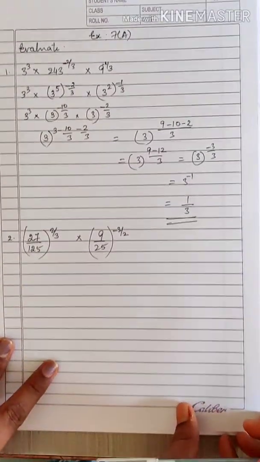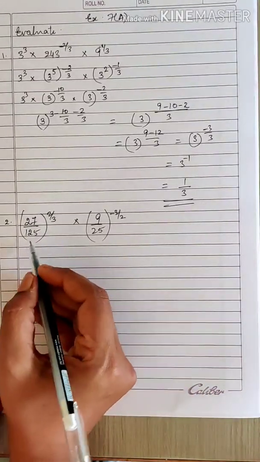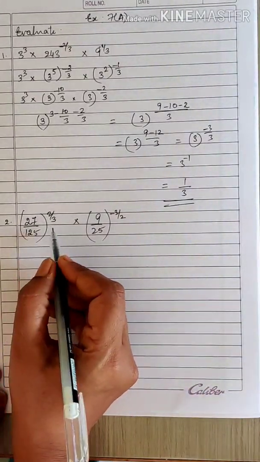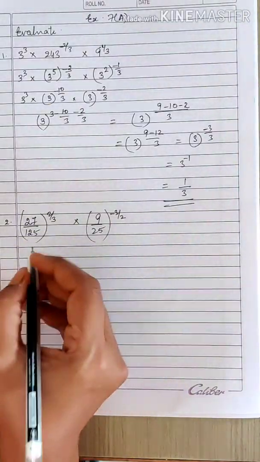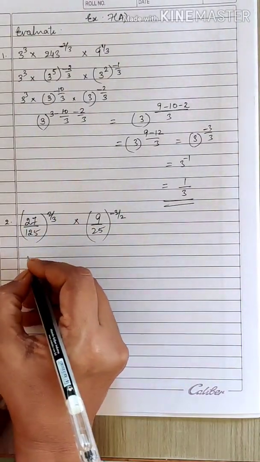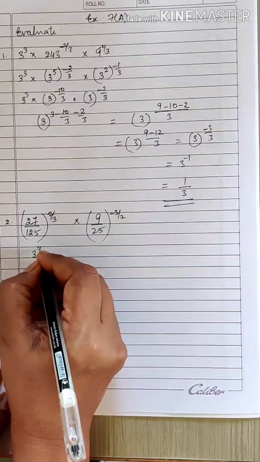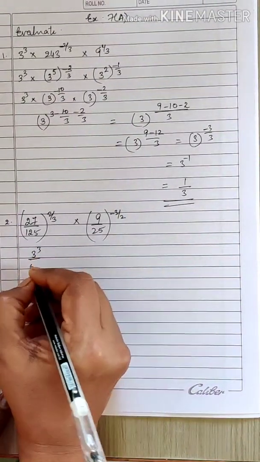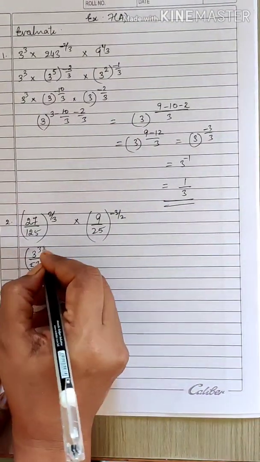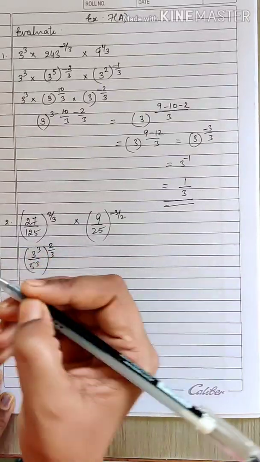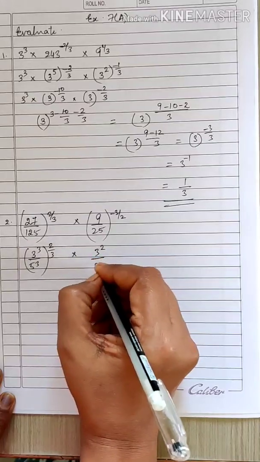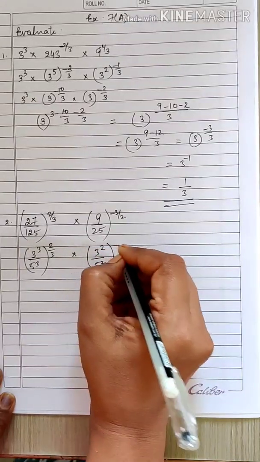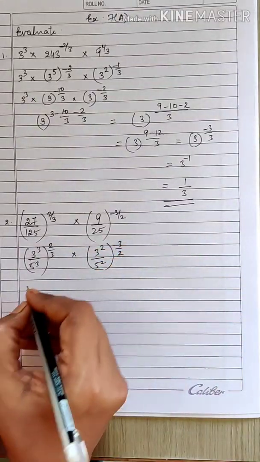Moving on to the next sum. 27 by 125 to the power of 2 by 3 into 9 by 25 to the power of minus 3 by 2. Again, 27 can be expressed as 3 cube and 125 can be expressed as 5 cube, to the power of 2 by 3. Similarly, this can be expressed as 3 square by 5 square to the power of minus 3 by 2.